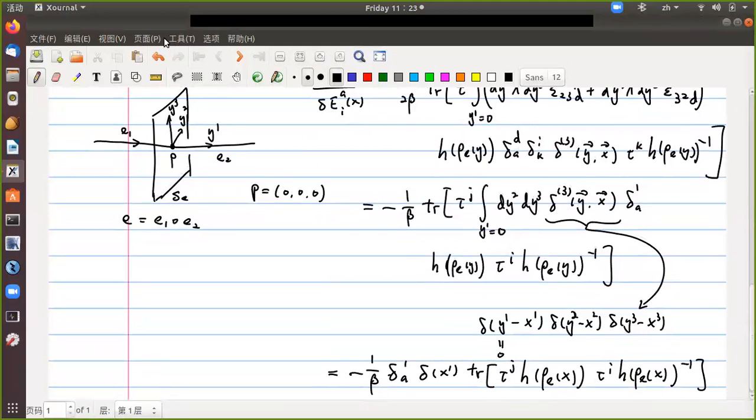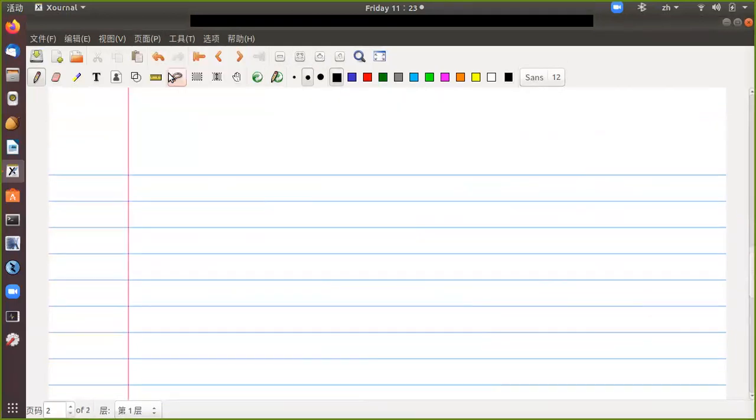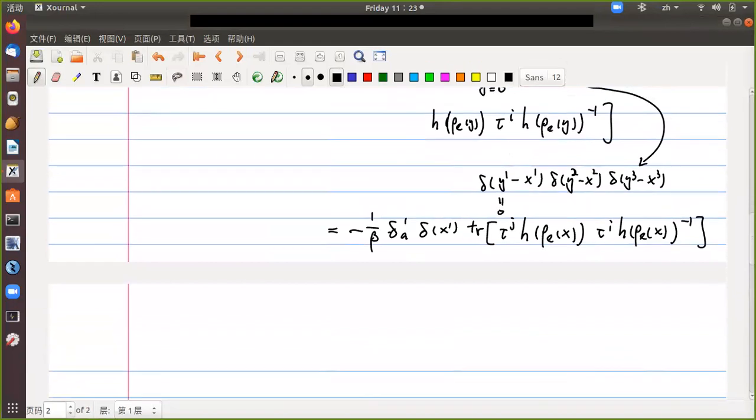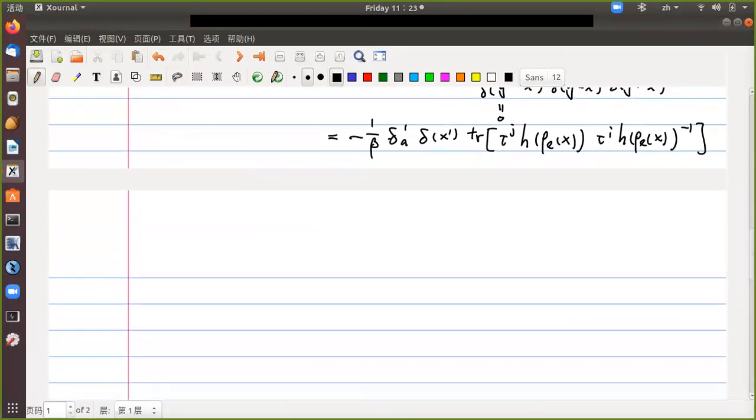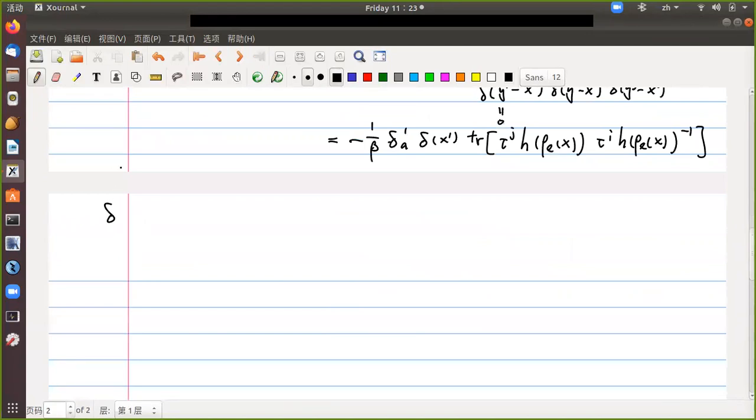All right, so we finished the calculation for flux. So let's compute the functional derivative of holonomy with respect to A.